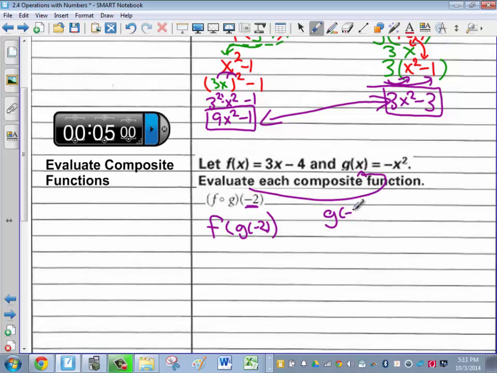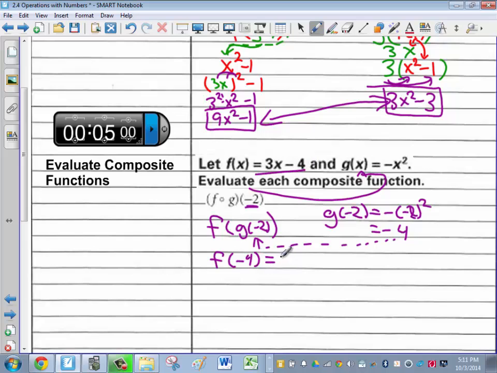I got g of negative 2 is equal to negative 2 squared right there. This is equal to negative, what's negative 2 squared? Negative 2 squared is 4. So g of negative 2 is negative 4. Now we take this negative 4 and we put it in for this. And so we'll really find now f of negative 4. So let's plug that into this formula.